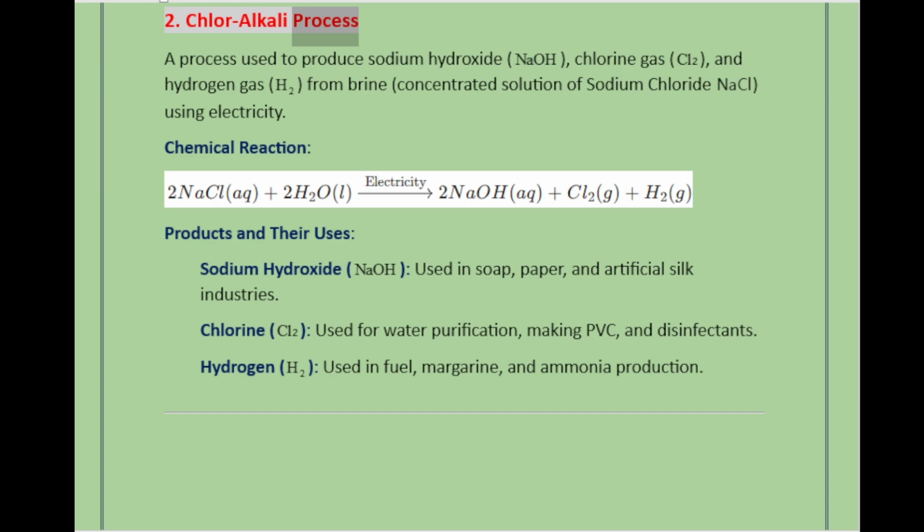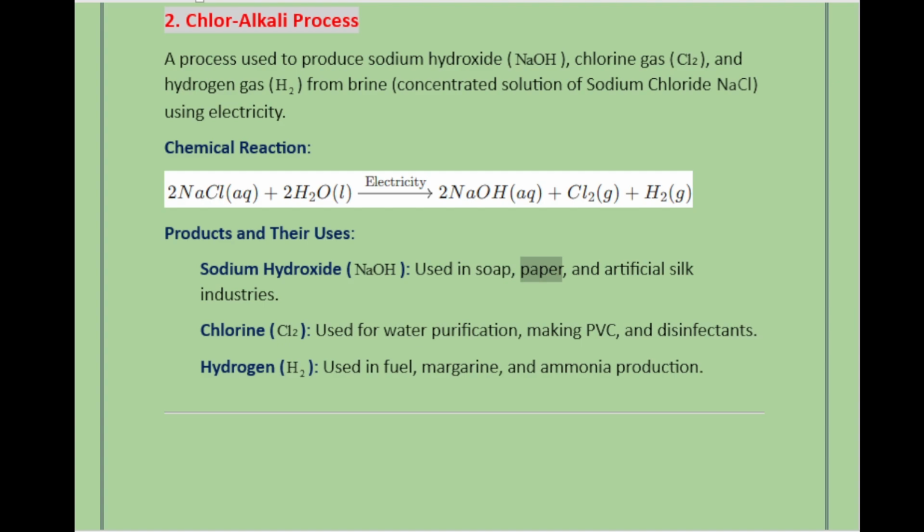2. Chloralkali process. A process used to produce sodium hydroxide, chlorine gas, and hydrogen gas from brine, a concentrated solution of sodium chloride, using electricity. Chemical reaction. Products and their uses.